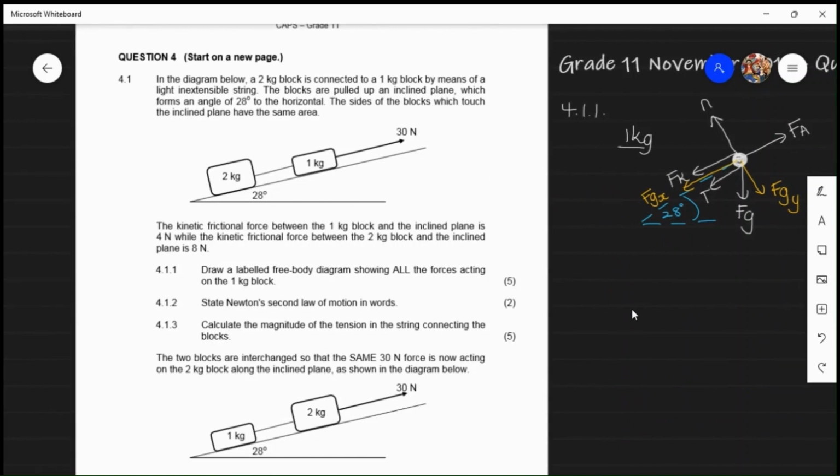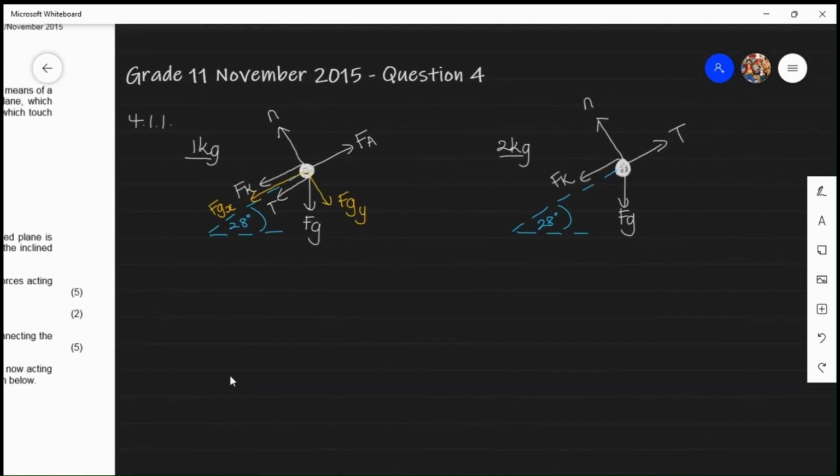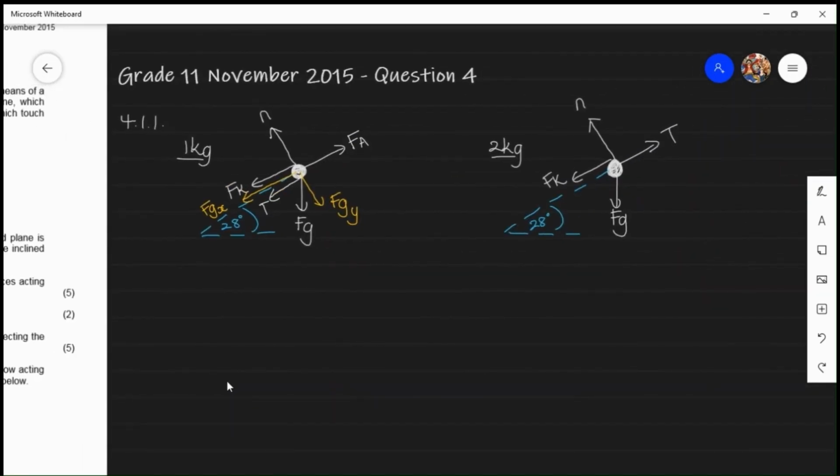We do not have applied force that is acting on the 2 kg block. The applied force is acting on the 1 kg block that is pulling both the blocks up the incline. The only reason that both the blocks are moving up the incline is because the blocks are attached by a string. But applied force is not acting on the 2 kg block, it is only acting on the 1 kg block. So our free body diagram for our 2 kg object has now been completed.